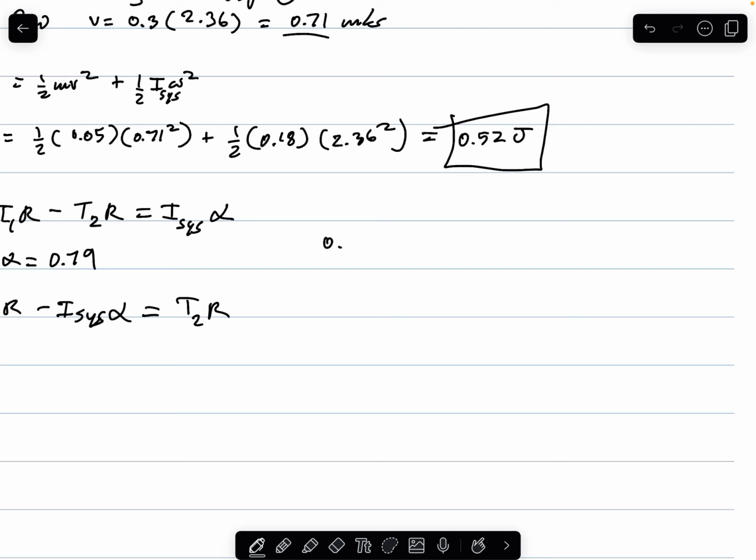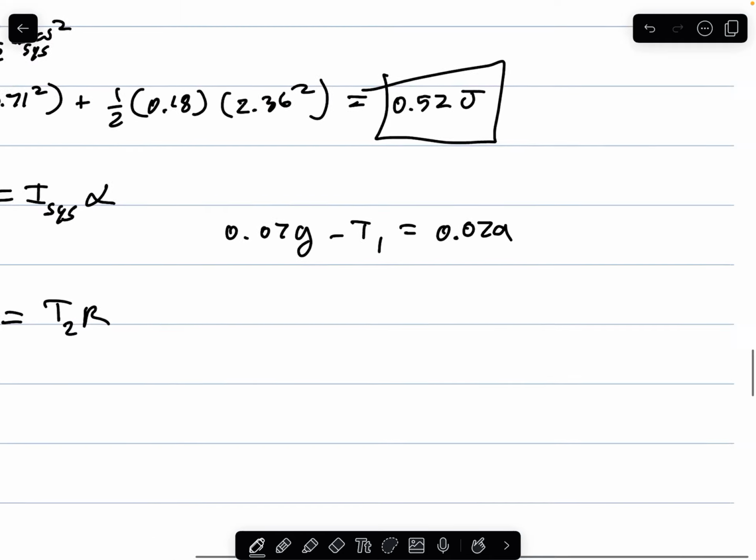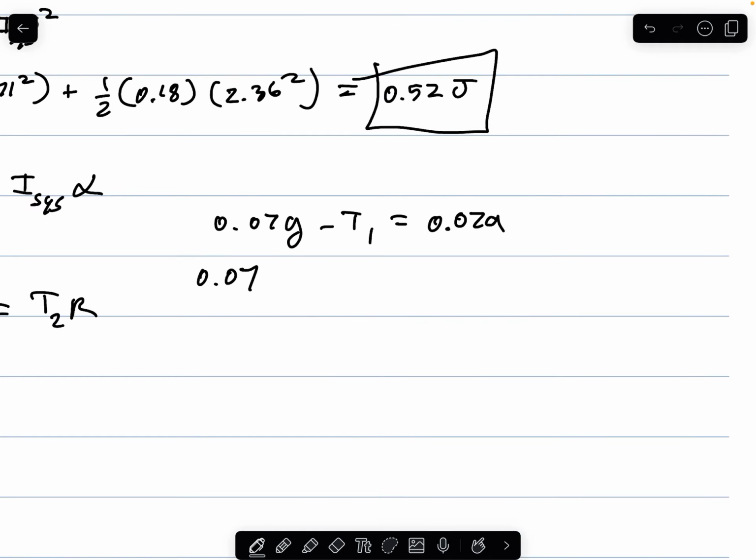So I'm going to write 0.07 times gravity, subtract T1, because T1 is opposing the force of gravity, equals 0.07a. You move 0.07a to the side, and take the 0.07 out, so you're going to be left with g minus a equals T1.